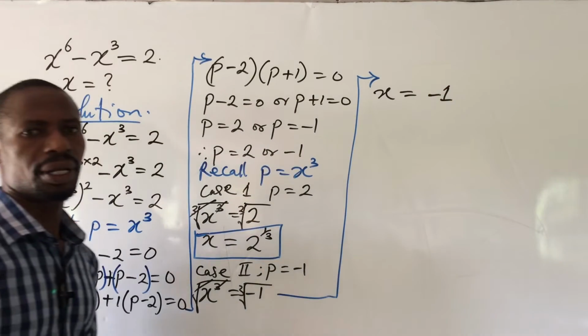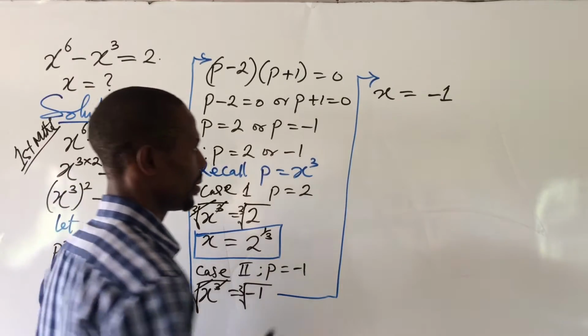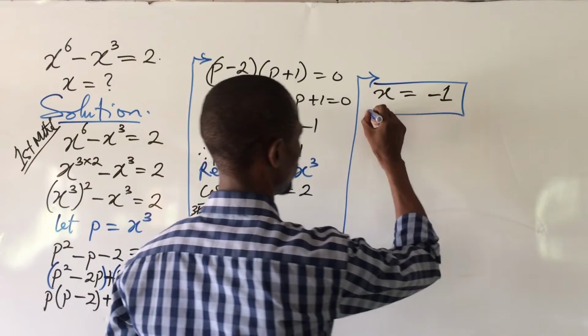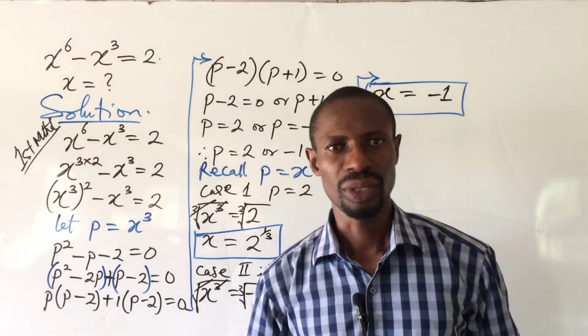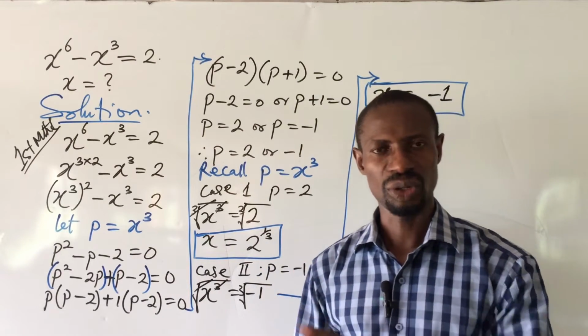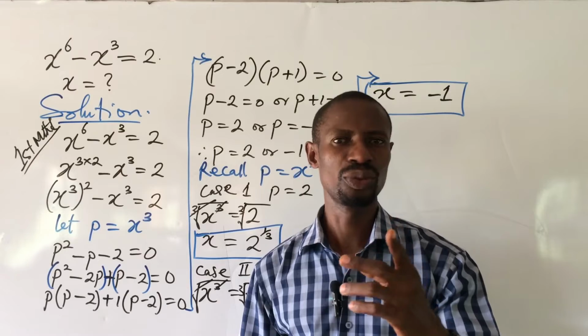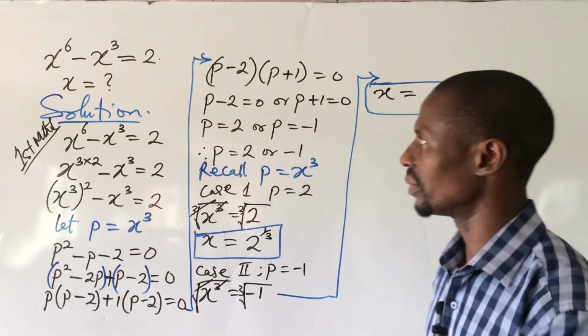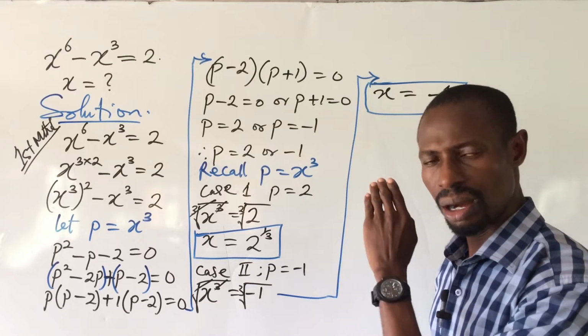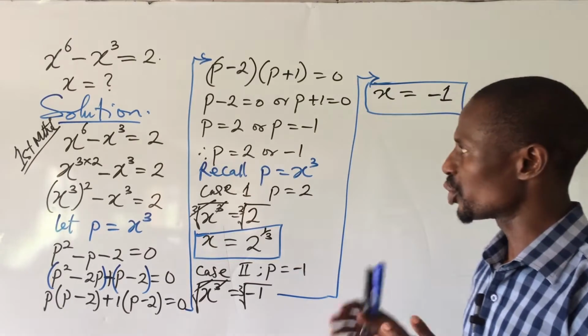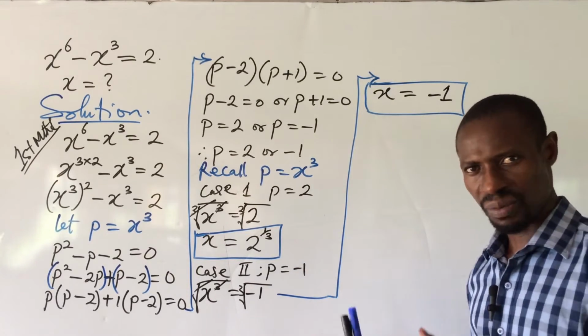Okay, so this is the second value or root to this exponential equation. You now discover that from this first method, we're able to solve for only 2 roots of this sixth degree exponential equation.